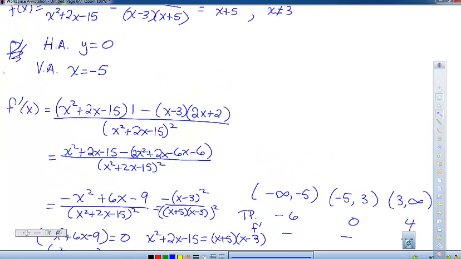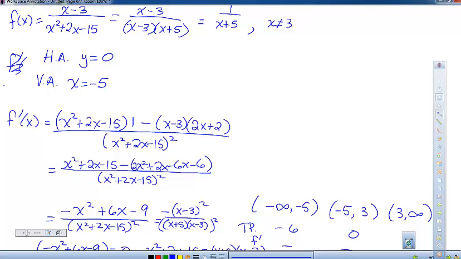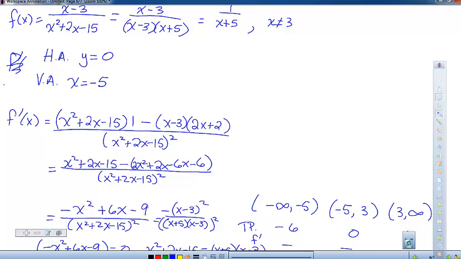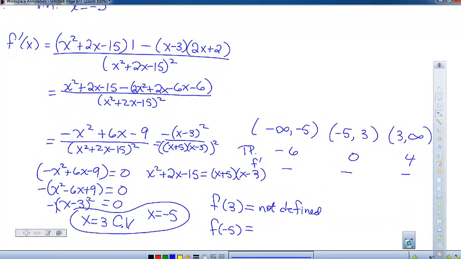If we plug in -5, we plug it into the simplified version, right? It should work for either one. Both of those are where we're going to have our asymptotes, right?